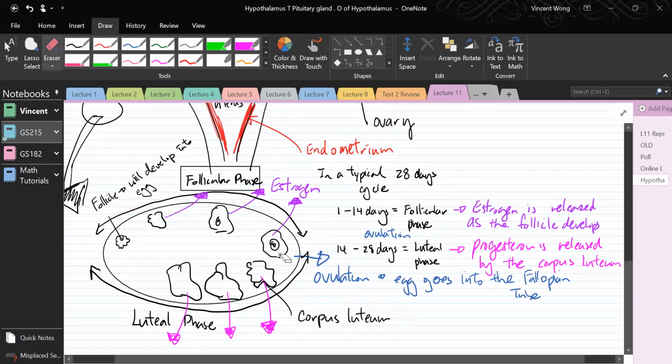But this is not going to last forever. If there's no pregnancy, if the egg does not get fertilized in the fallopian tube, then the corpus luteum is going to break down eventually, and then the whole cycle starts again. Any questions about what's going on in the ovary during the first phase and then the second phase, and the sandwich in between is the ovulation?